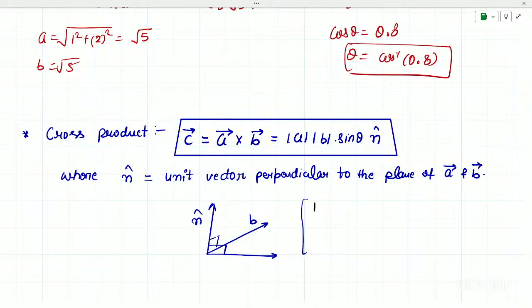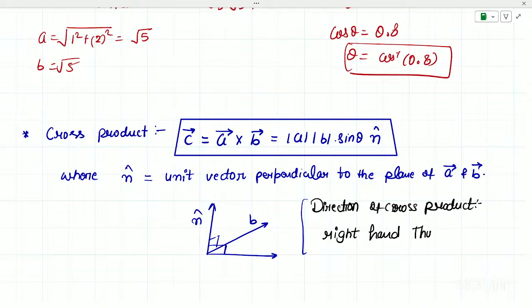Now, the direction of cross product we can say is given by the right hand thumb rule.